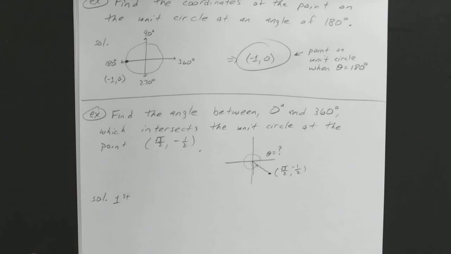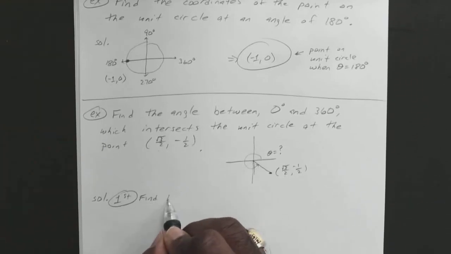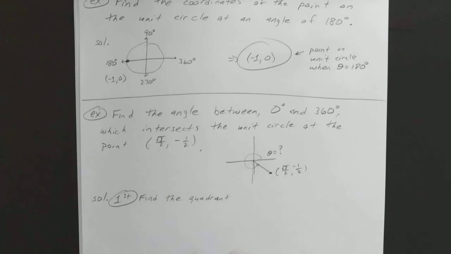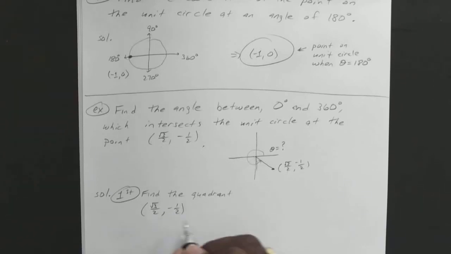Okay. So the first thing you want to do is find the quadrant, which we just did. We knew that x is positive and y is negative. So we figure it's going to be in quadrant 4. Okay. So square root of 3/2, -1/2.